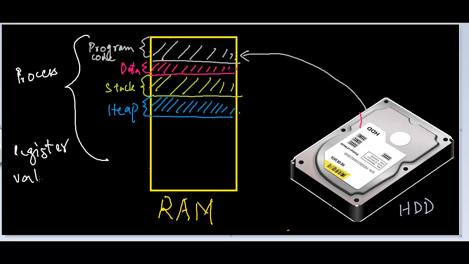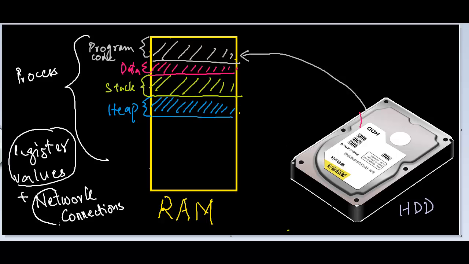And it is also possible that this process that is running on the system right now might request some resources like network connections, because this process wants to connect to some other computer over the network to request some resource from that other computer, right? So it might request some network connections. So to define the process completely, we would require the register values to be known, and the process also has some network connections that are open.